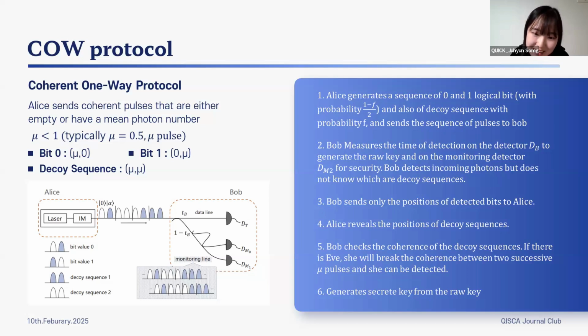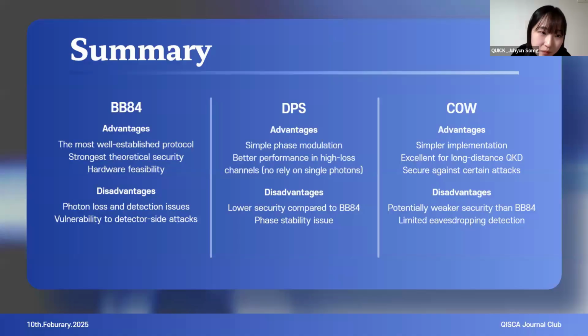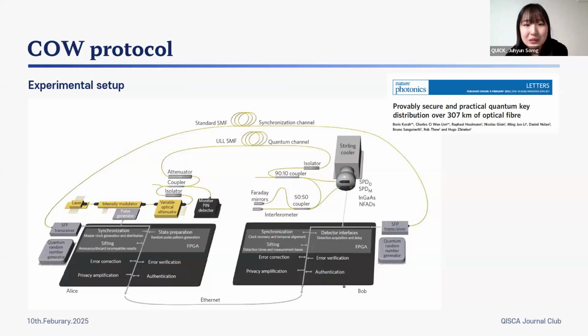This protocol has been successfully used for long-distance fiber-based QKD and holds the record for one of the longest QKD transmissions. This is the experimental setup used for implementing the COW protocol in the paper I read.